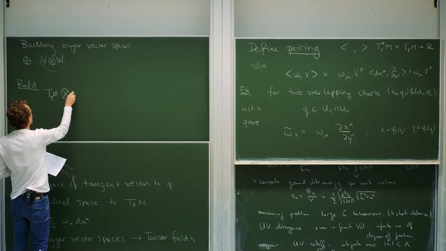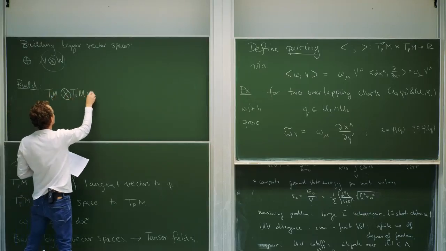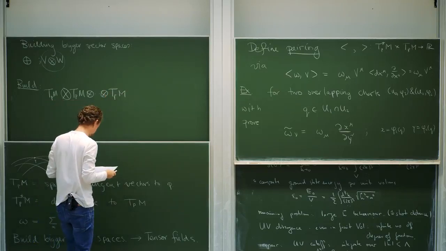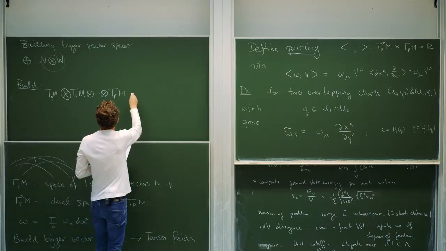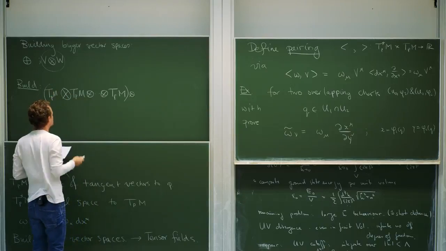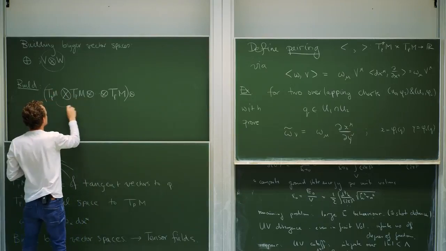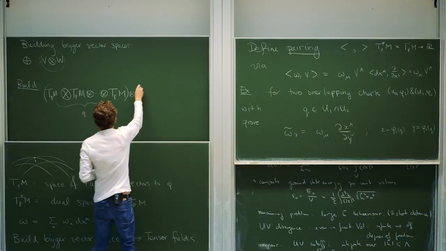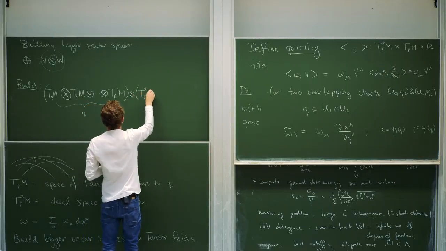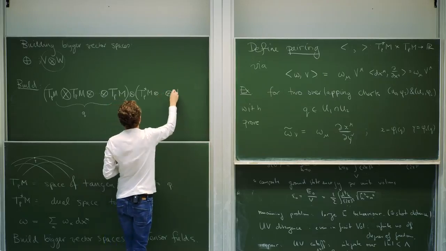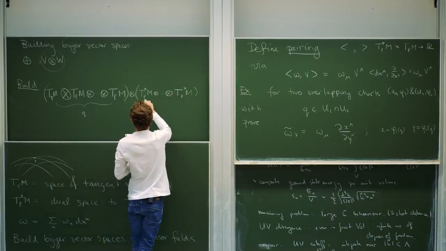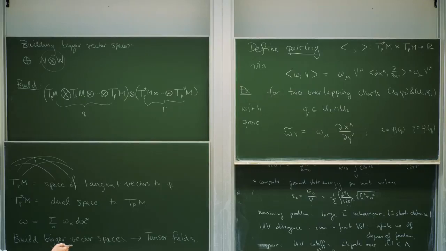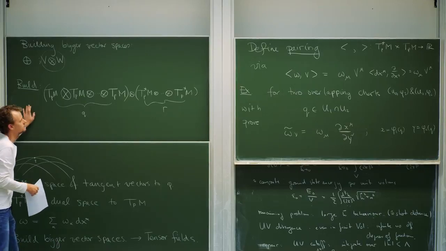So we could take some number of copies of TP M, say Q copies, and we have this other vector space that we've constructed, and we could take R of those, where Q and R are integers, or non-negative numbers.